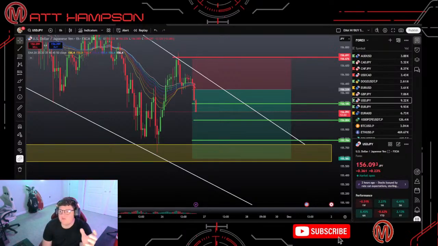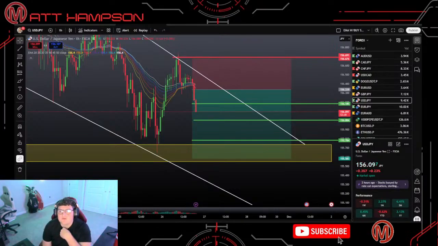But like 1 pip, let's say you're in profit 10 pips on a $100 account. Obviously it depends on the leverage, but each pip is $1. So if you were 10 pips in profit, you'd be $10 in profit. But it depends on your leverage too, because I'm using 1 to 1,000 leverage with the broker that I have, Liquid Trader.